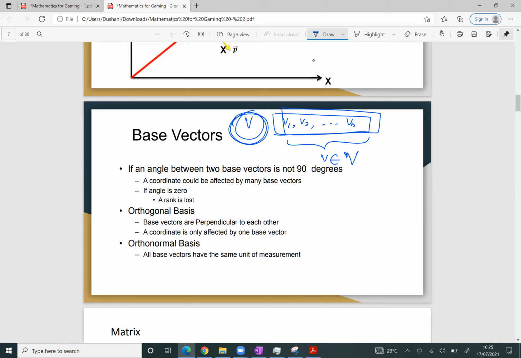So a vector basis of this space V means that you have this list of vectors in V that are linearly independent and they span V.